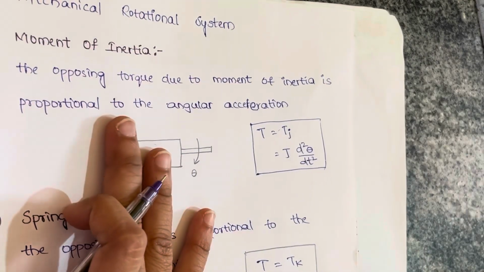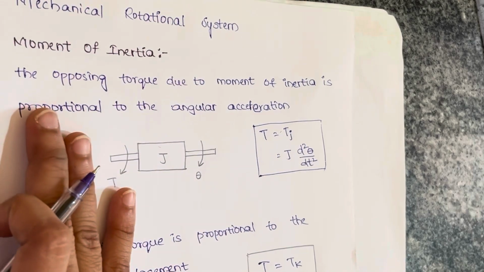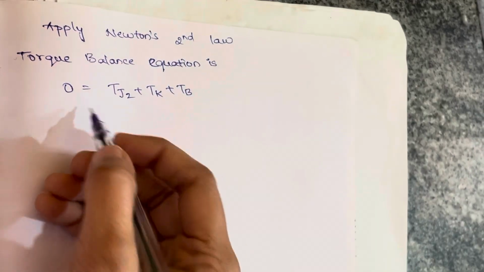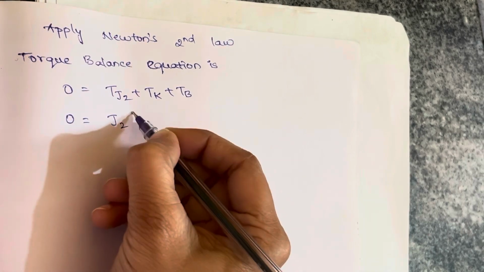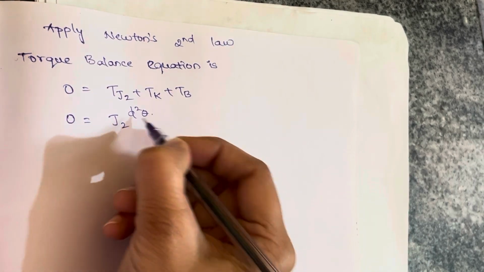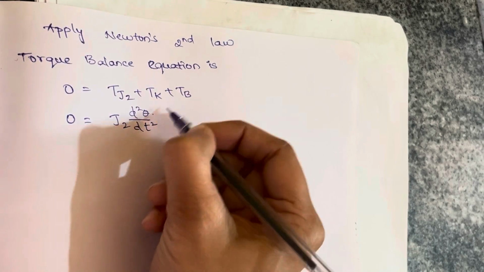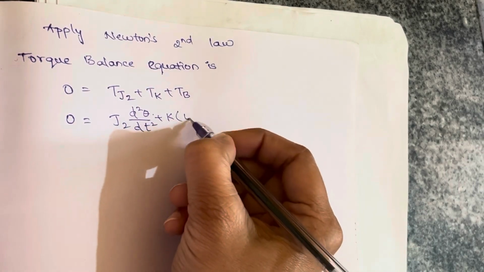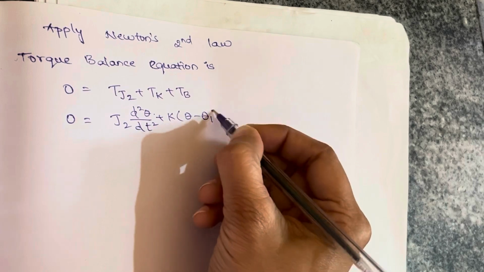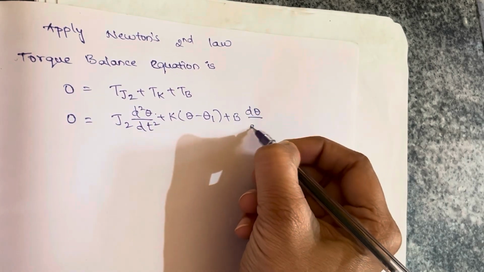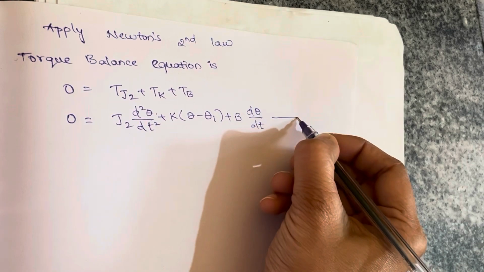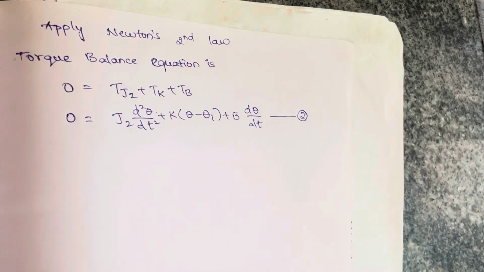Now write these terms in differential equation form: 0 equals J2 d square theta by dt square plus k into (theta minus theta 1) plus b into d theta by dt. Let us assume this as our equation number 2.